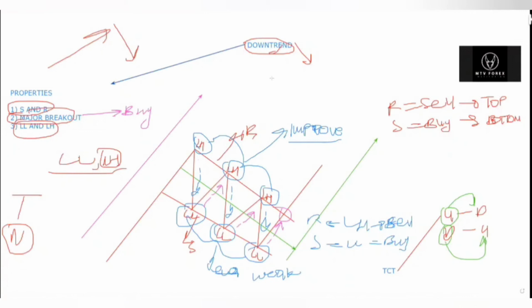Hope I was clear within a downtrend. So yeah, downtrend. What I said about the downtrend is that it has lower highs and lower lows, has a bottom support and resistance and the major breakout. Understand?